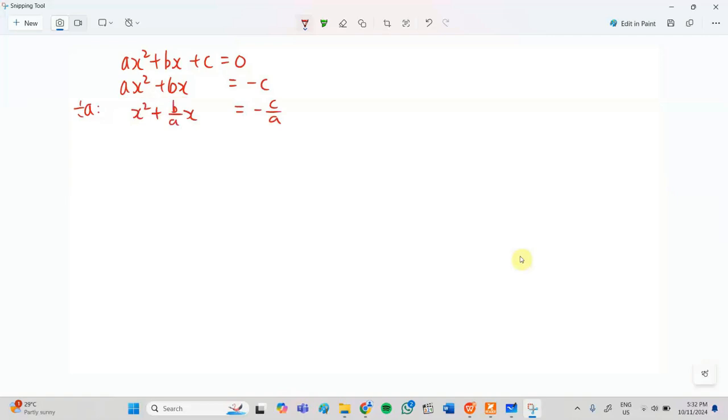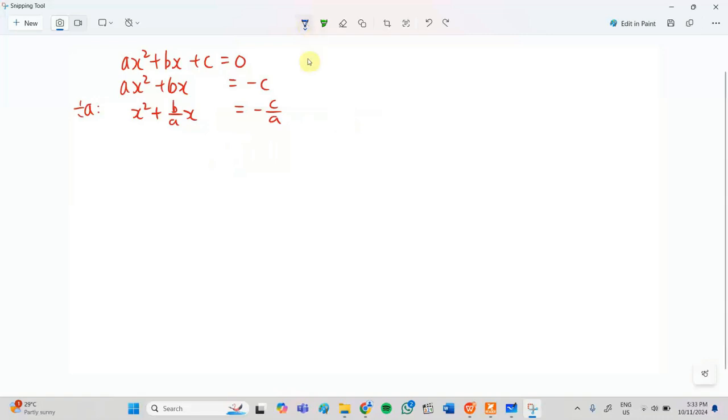And notice that I leave out the space here because this is where we are going to add the terms. What are the terms? We are going to add the coefficient of x divided by 2 and the whole thing squared. The coefficient of x is b over a, divided by 2, squared. We are going to add this to both sides of the equation.